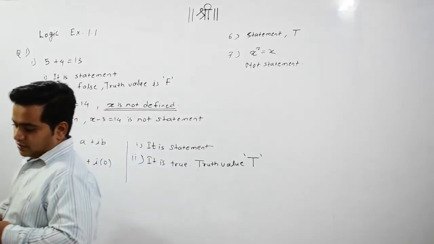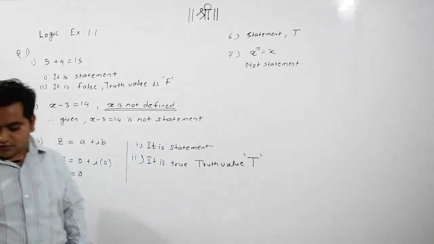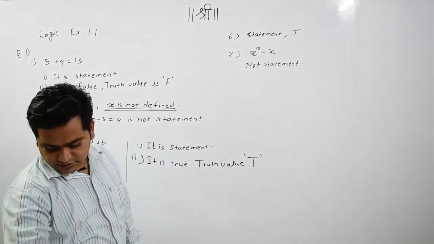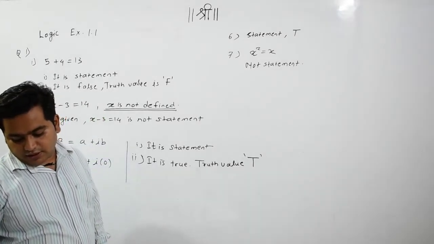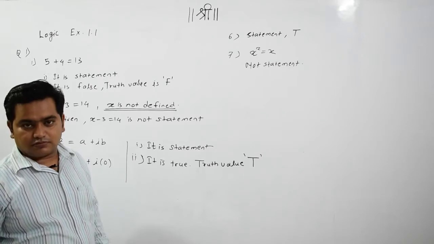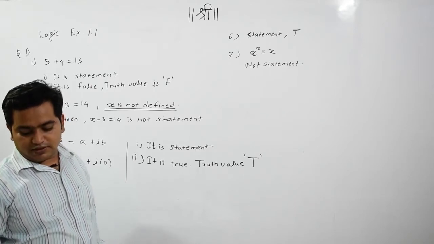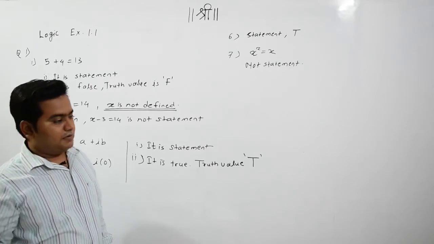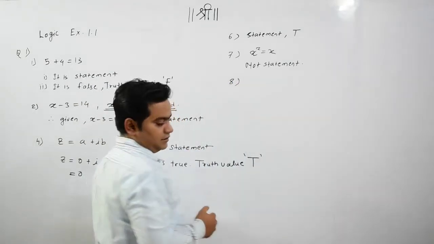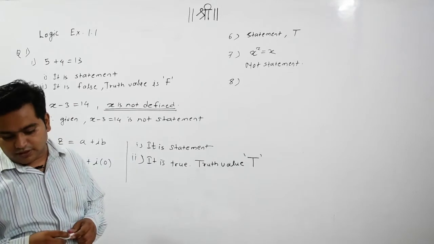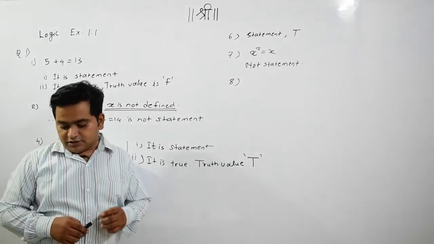Now next step, what is our next question? Our next question says: a quadratic equation cannot have more than two roots, which is true. Most importantly, it is giving information regarding the quadratic equation. So this is question number 8. Yes, it is a statement.